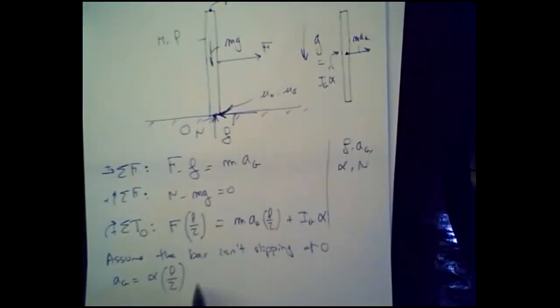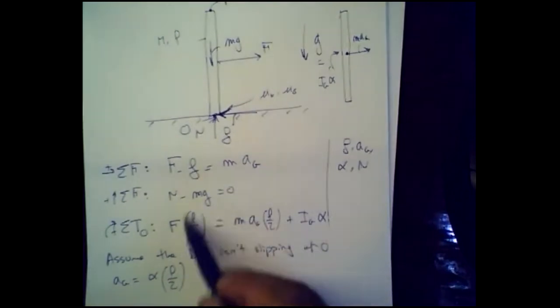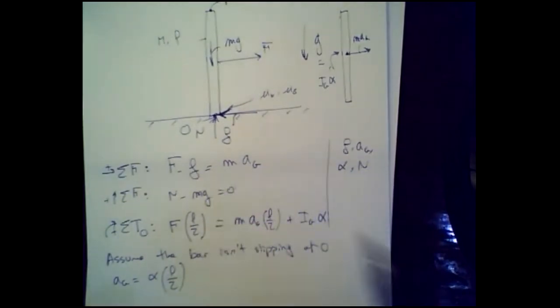So how many equations do I have? I have 3 equations and 3 unknowns, or you can count 4 equations, 4 unknowns, including N. So this will enable me to go directly here, and from here I can get alpha. This is equation number 3, which gives F multiplied by L over 2.